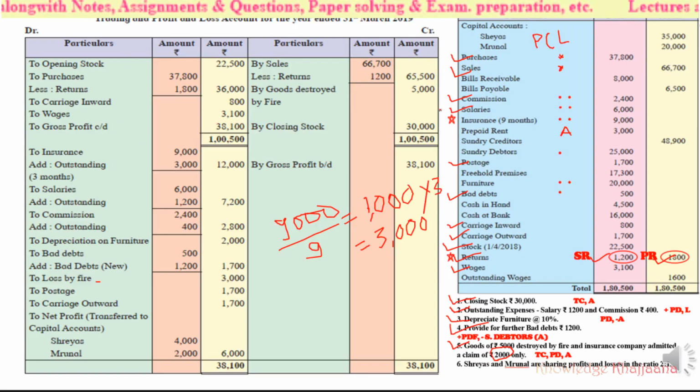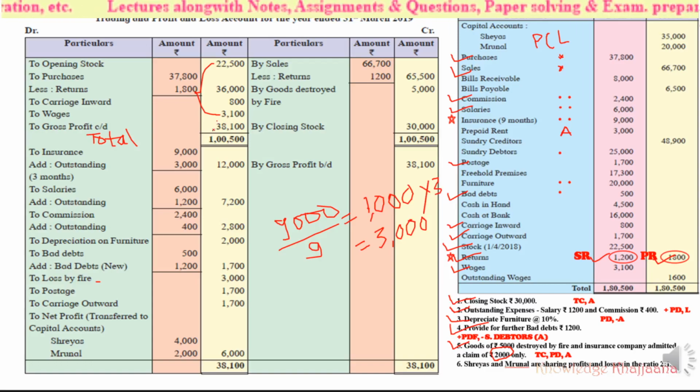So the total of the items on the trading account credit side is rupees 1,05,000. Okay, the same total we write in the debit side also of the trading account. So total rupees 1,05,000. So we have to deduct the total of these items to get the gross profit, and the gross profit is rupees 38,100.